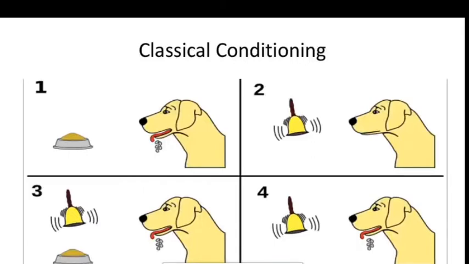So, each time na bibigyan mo yung dog ng pagkain, of course, maglalaway ang dog. When Pavlov would ring the bell, walang reaction yung dog. Hindi naman pagkain yung bell kasi, no? So, no reaction yung dog. So, what he did was that he paired the bell to the food. Okay? So, every time that he would give the food to the dog, magri-ring siya ng bell. Okay? So, until such time na na-associate na nung dog yung ringing ng bell sa pagkain.